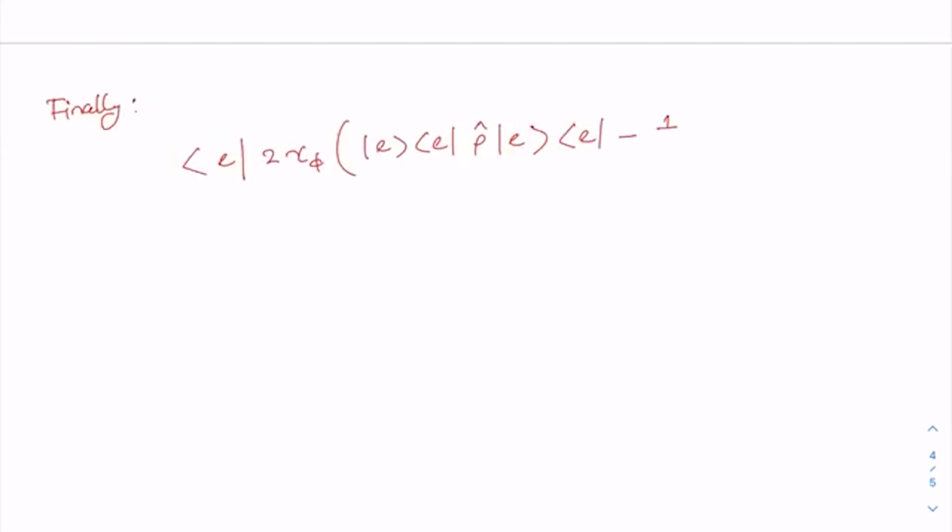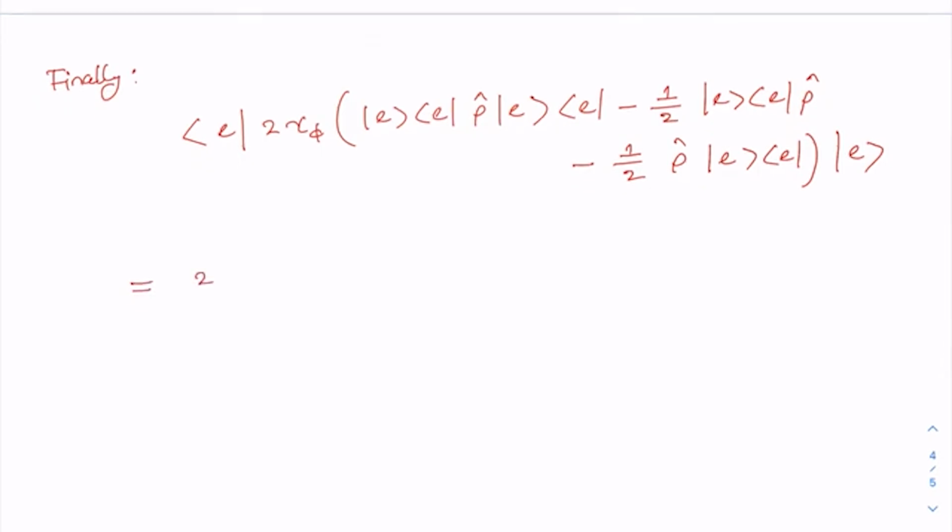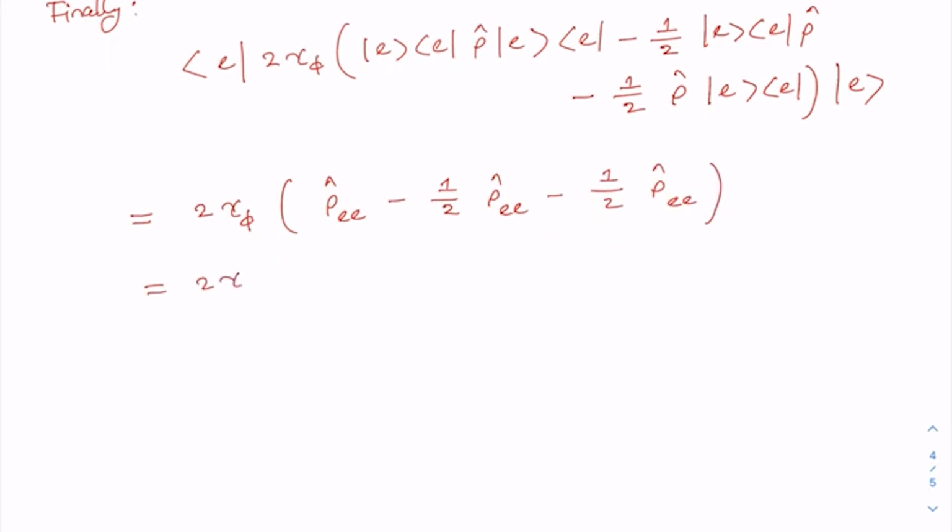Then we have minus a half E rho minus half rho E, and the whole thing I have to put E. So if you do it, you can immediately see that you are going to get twice gamma phi, and here the first term will give you rho E, then the second term will give half rho E, and the third one is going to give half rho E. So you have 2 gamma phi rho E minus rho E, so the contribution from this term would be 0.